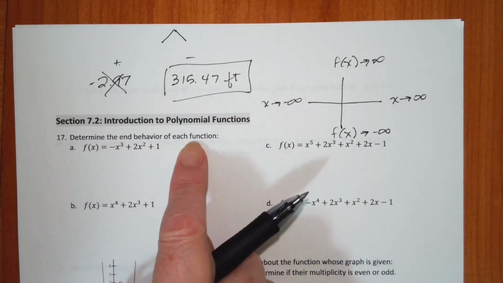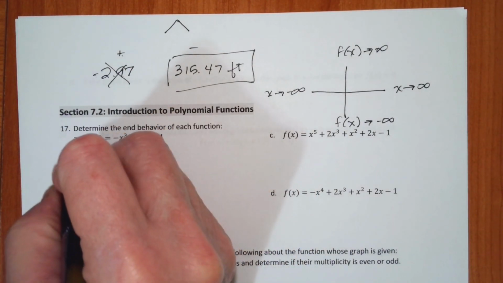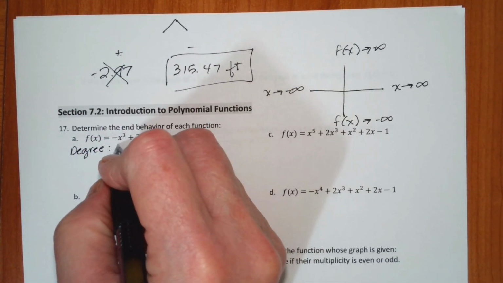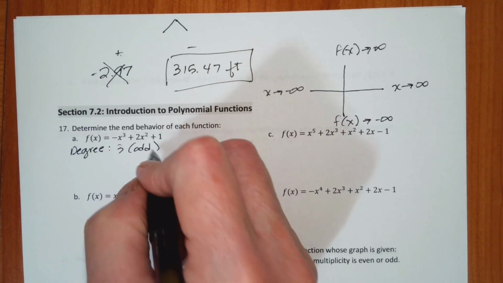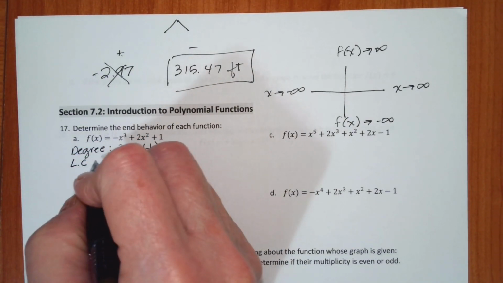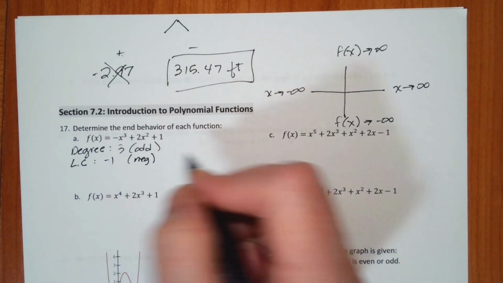All right, so determine the end behavior of each function. The degree is 3, which is odd. The leading coefficient is negative 1, which is negative.